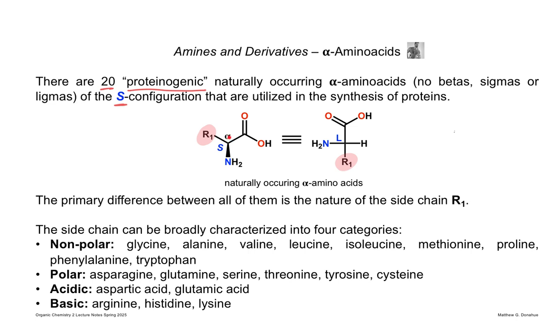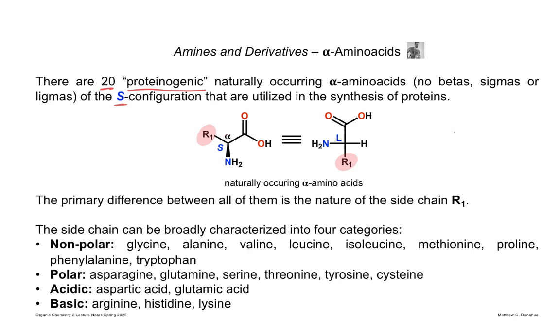That alpha carbon is a stereocenter. You have an acid, an amine, a hydrogen, and a side chain. So 4 different substituents. It's a stereocenter. And all of our proteins, the naturally occurring ones use S, except there's one where that center is R.